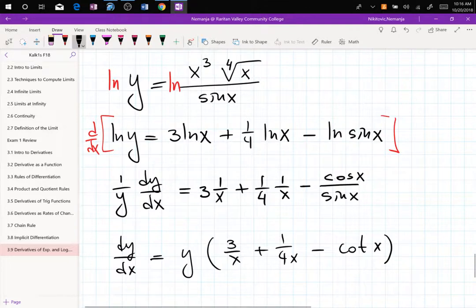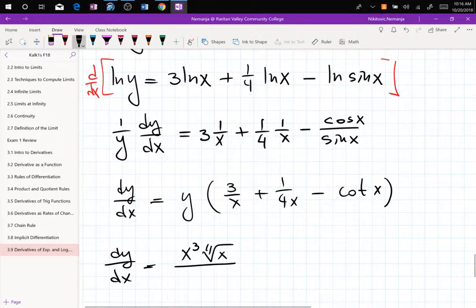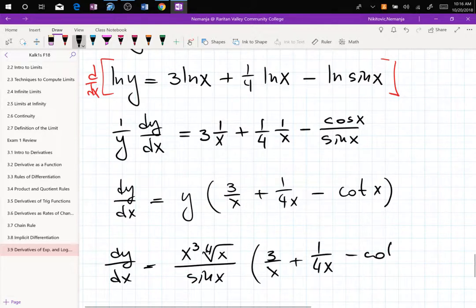All you need to do is to swap y with what y was, which is x cubed 4th root of x over sine x. So dy/dx is equal to x cubed 4th root of x divided by sine x times 3 over x plus 1 over 4x minus cotangent x. So this is why it works.